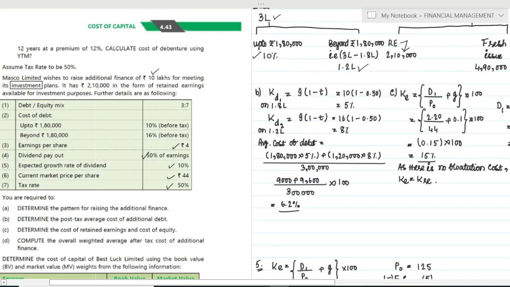The requirement of B point is determine the post-tax average cost of additional debt.